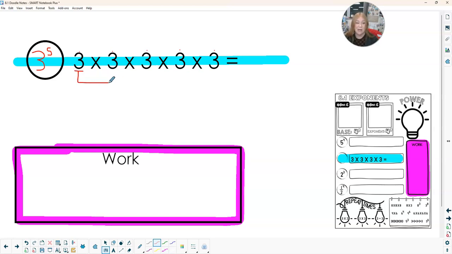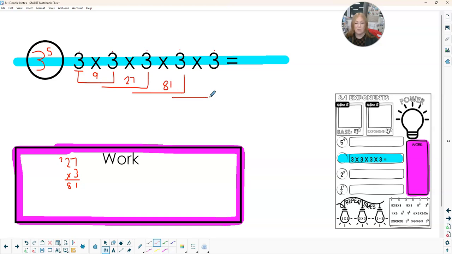Okay, so we're going to multiply. So we're connecting. 3 times 3 is 9. 9 times 3 is 27. So now we have 27 times 3. So let's go ahead and throw that in our workbox. 3 times 7 is 21. So here we have 81.